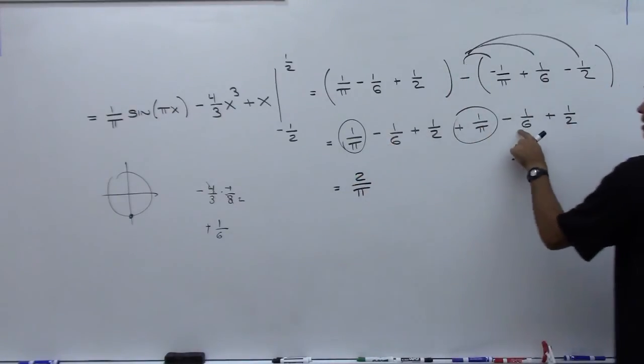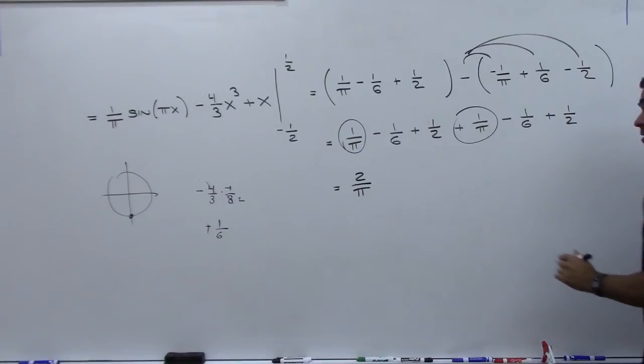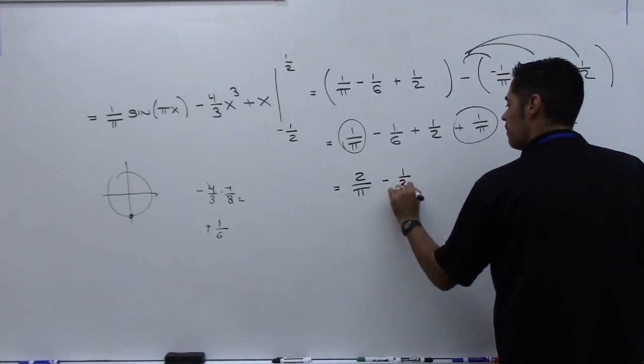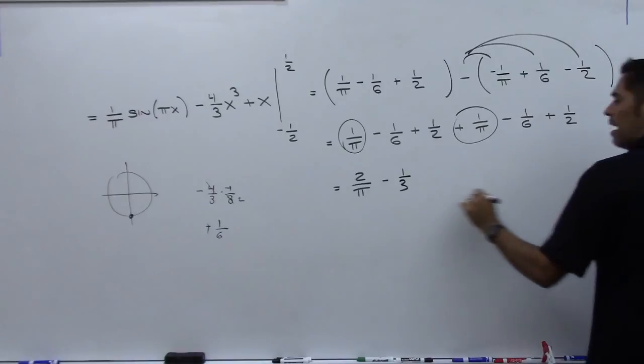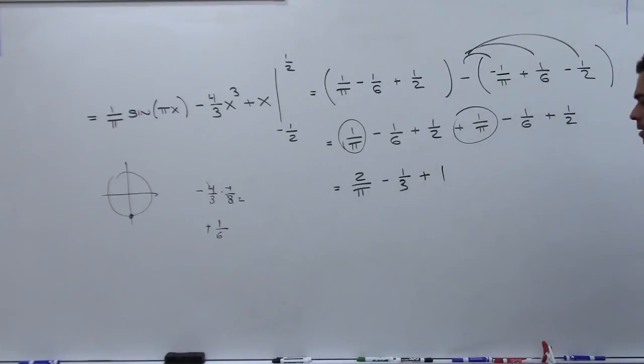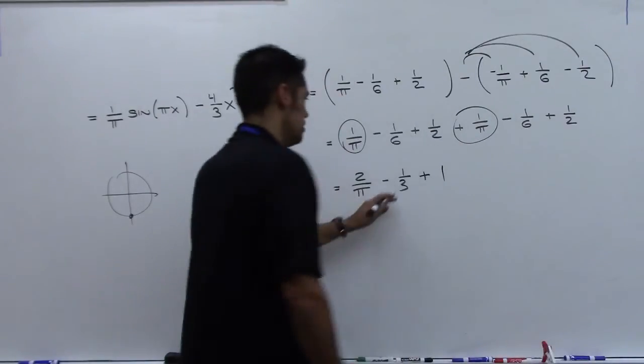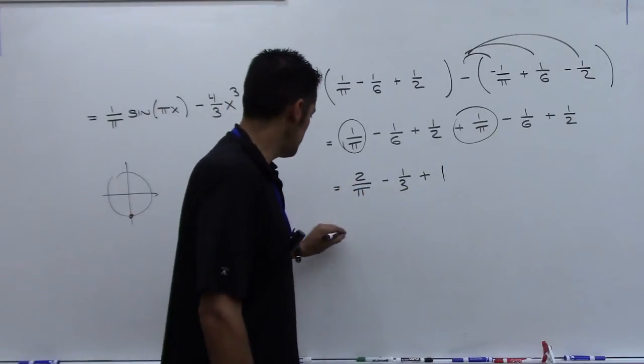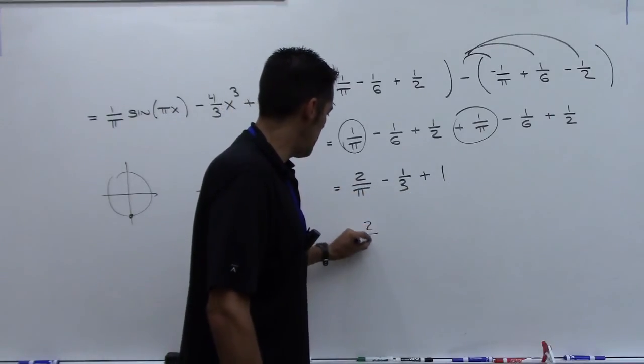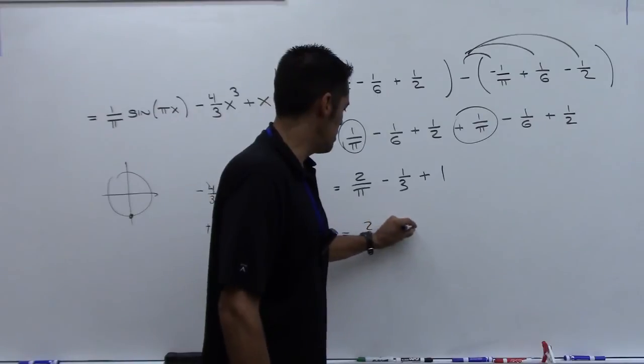Negative 1/6 minus 1/6 is negative 2/6, which is negative 1/3. And then 1/2 plus a half is 1. And we can put these two together. That gives us 2/3. So 2 over pi plus 2/3.